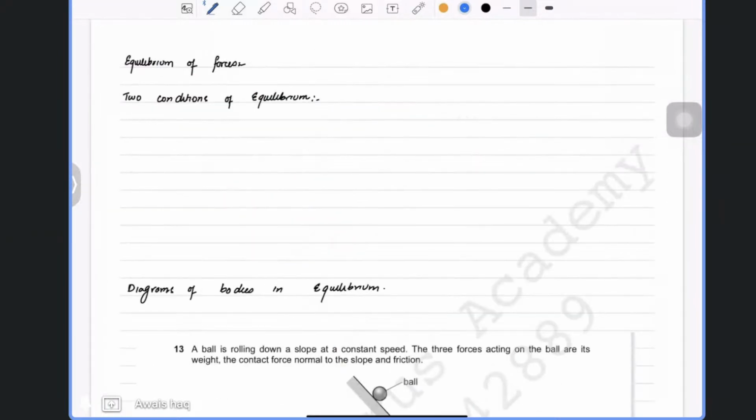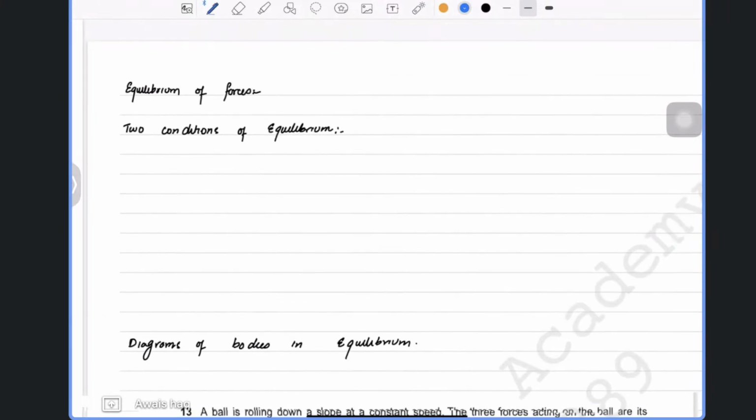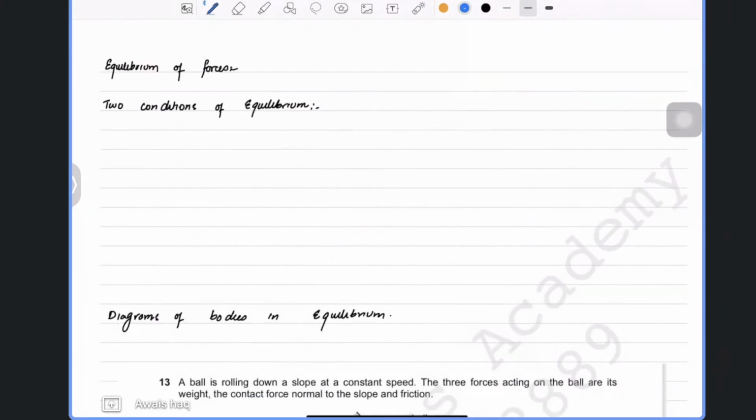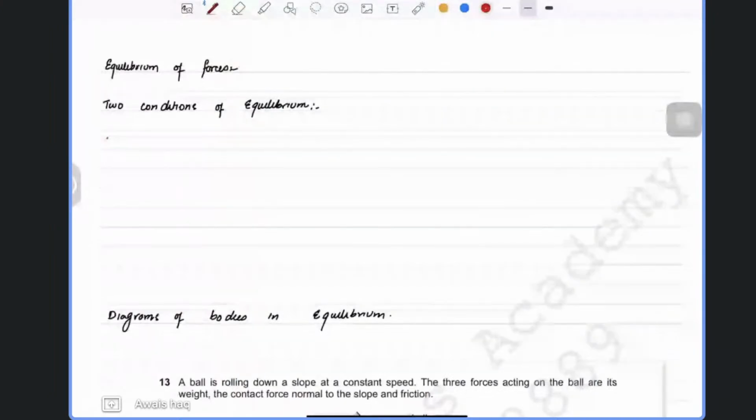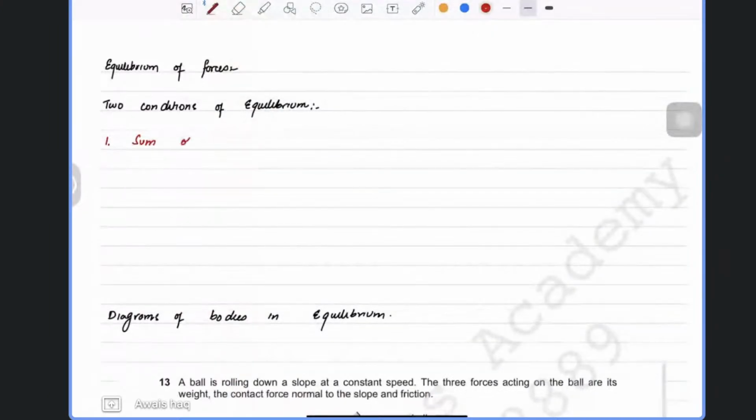No worries. So today's topic is equilibrium forces, and for equilibrium there are two conditions. The first condition is that the sum of all forces must be equal to 0.